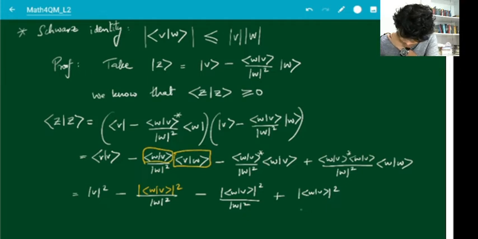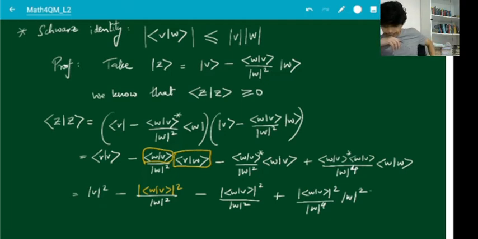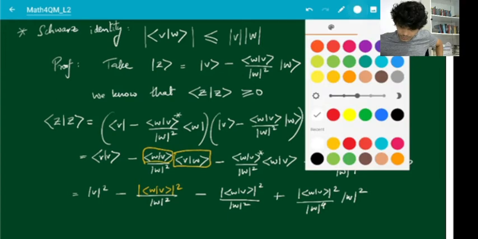There's a mistake over here, and the denominator in the last term should have been to the power 4. This is squared. What cancels out? Correct. So you can see I can cancel out two of these terms over here.